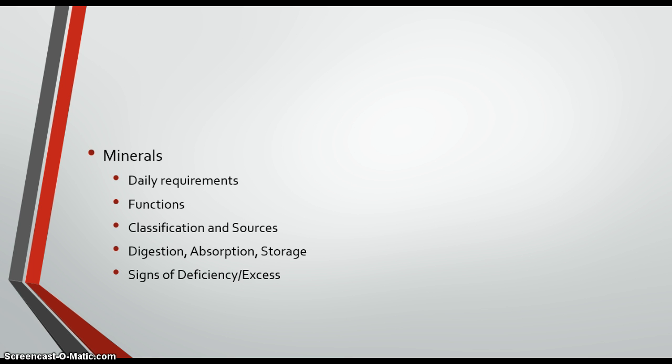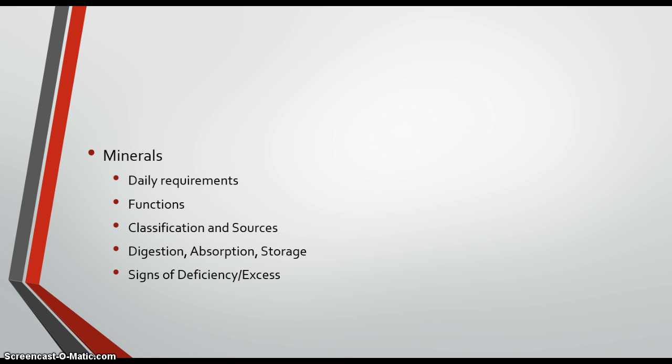Potassium is responsible for fluid balance. It aids in maintaining acid-base balance, regulates muscle activity, aids in protein synthesis, and aids in carbohydrate metabolism. Your good sources of potassium are your fruits, especially oranges, bananas, and prunes, red meat, vegetables, milk and milk products, and coffee.